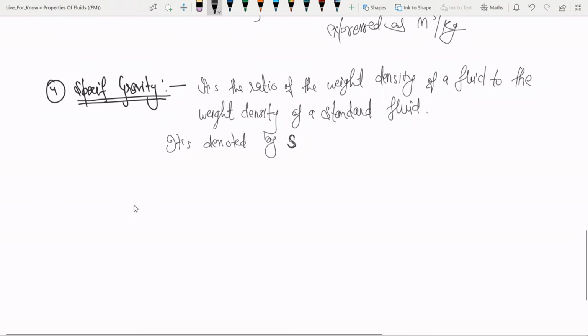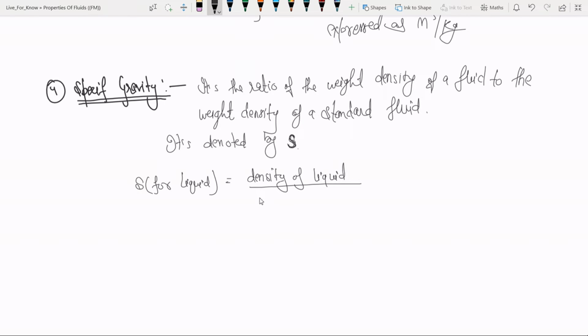So capital S for liquid is equal to weight density of liquid, means density of liquid, by density of water. Here water is a standard fluid.